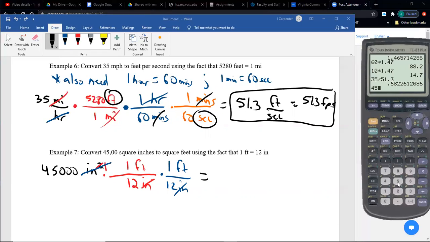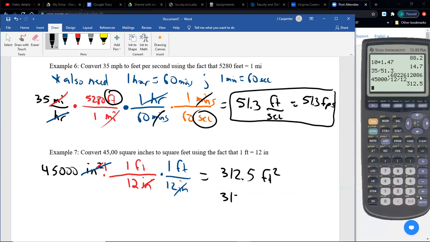So we're going to take 45,000. If I multiply by 12, that would be wrong because those 12s are in the bottom. So divide by 12, then divide by 12 again. And it gives us 312.5 feet squared, or you can write it as 312.5 square feet. Same thing.